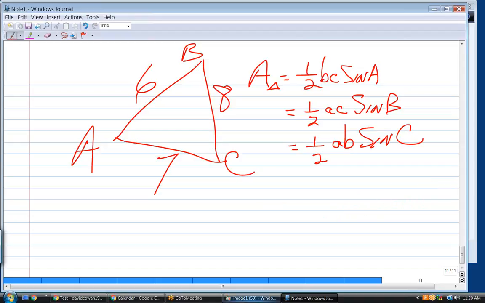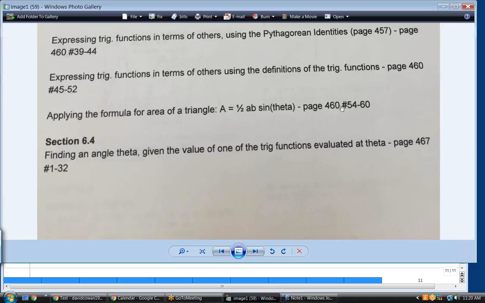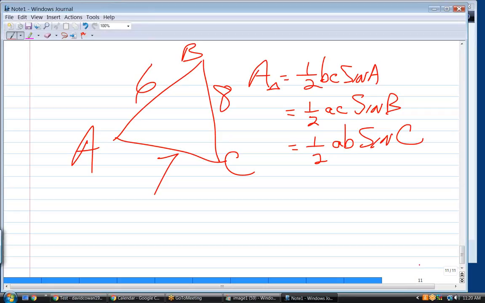However, from the page, it said only that one. And when it says only this one, it actually means all three that I wrote. All three of these go together. They're the same thing. It's just that you know a different angle. In the second one, I know angle B, and I know side A and side C. It doesn't actually matter, but it's still side angle side.